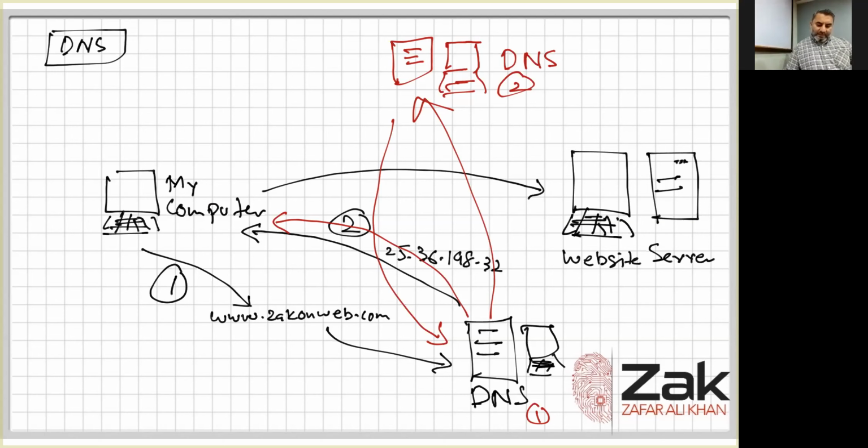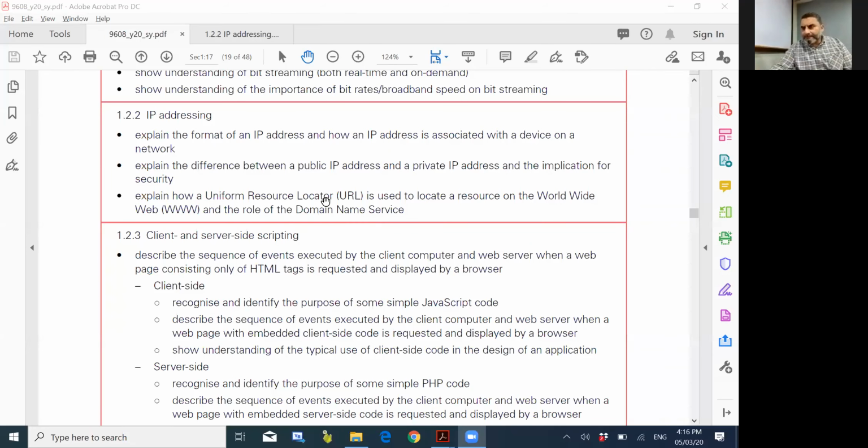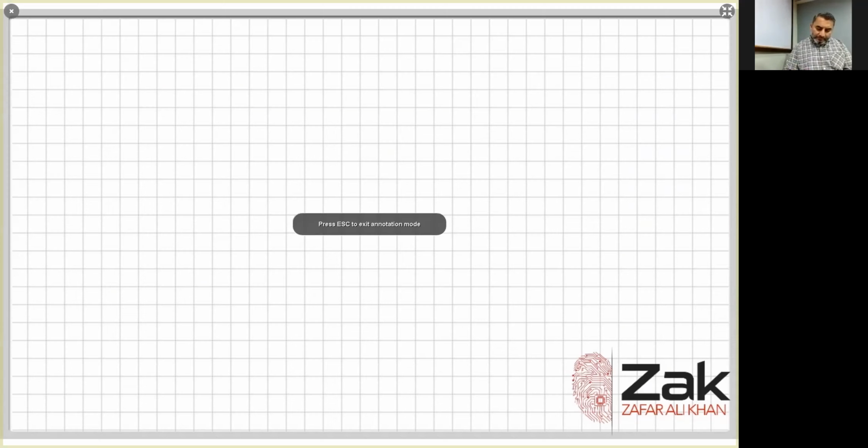The last thing related to this topic is the URL, Uniform Resource Locator. So let's study that as well.